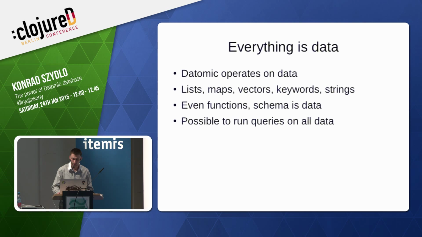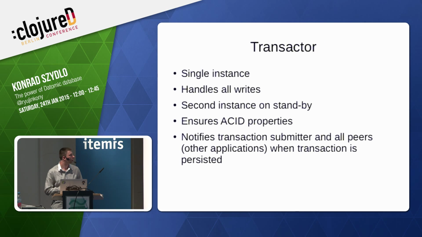Okay, so talking a bit more about Datomic's architecture, Transactor is one of the components that is separated in Datomic. It handles all writes. All writes are handled by a single instance of Transactor. Actually, there are two instances, and one is on standby. So if your first instance goes down, the other one can start working immediately.